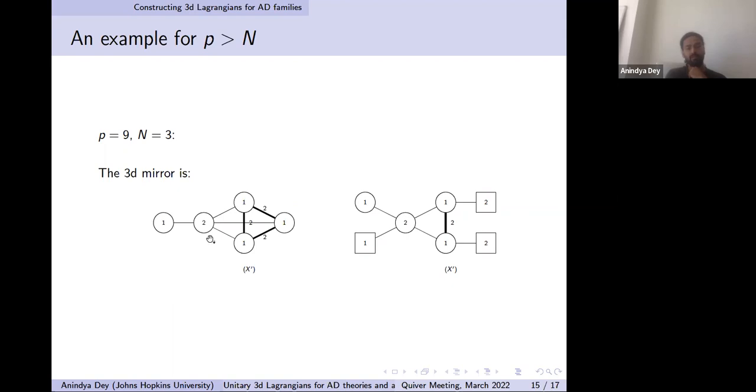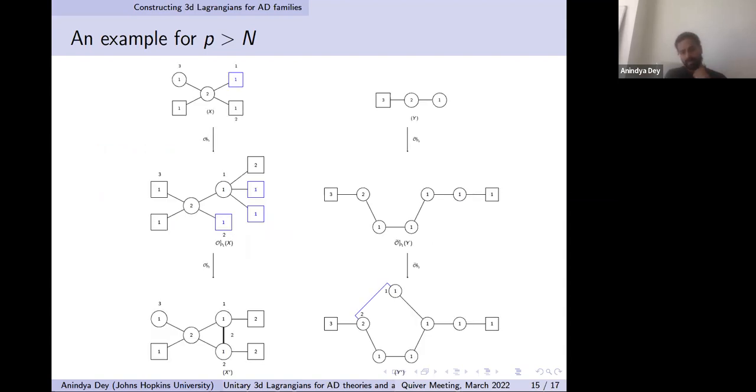This is a linear part, a linear quiver, and coupled to the linear quiver is 1, 2, 3. It's like T[U(3)], and there's a complete graph of 3 nodes with edge multiplicity 2 that's coupled. And you can decouple one of the U(1)s and get this X prime.